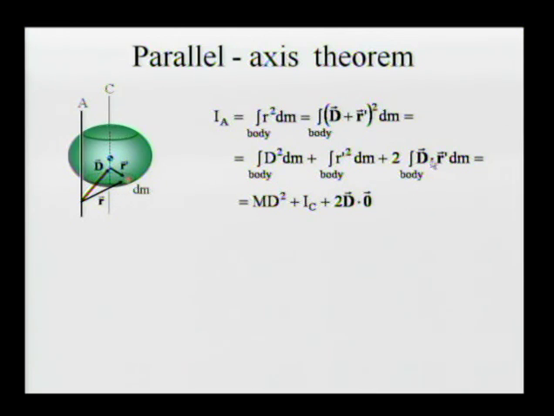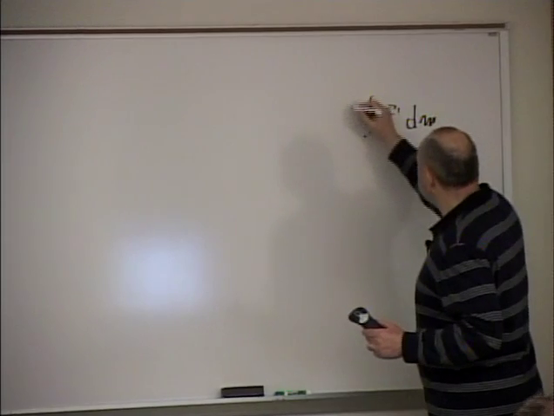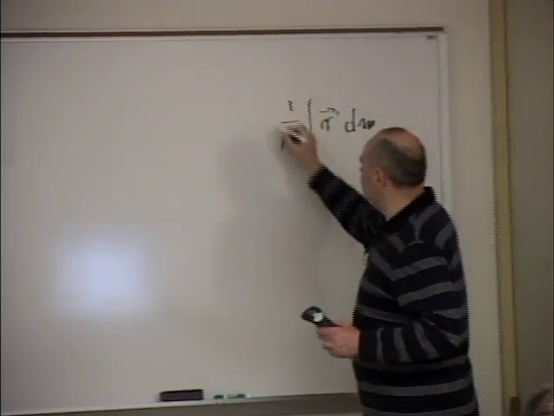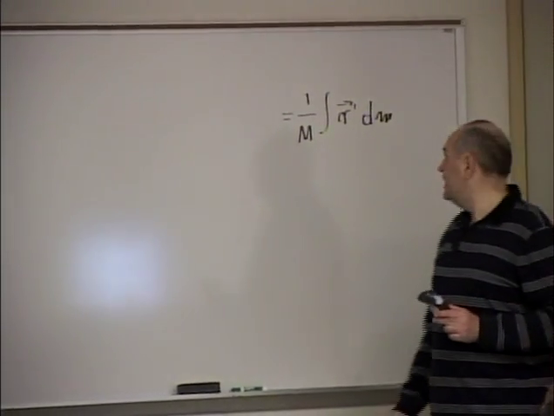And now if I pull out this d, I will have the integral of r prime dm. What's that? If I divide the integral of r prime dm by the total mass of the object, what am I going to get?